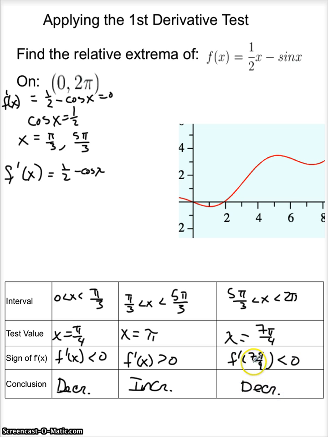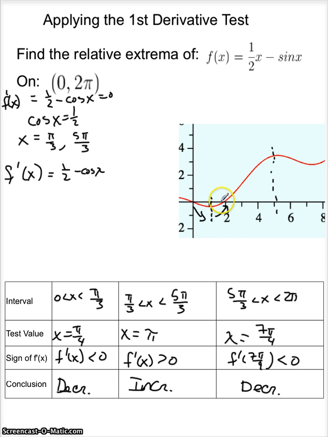So what conclusions do I have? By applying the first derivative test, all right, between 0 and pi over 3. Okay, this is pi over 3. Here it's decreasing, here it's increasing, decreasing, increasing.